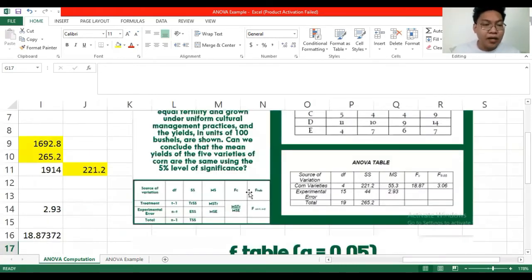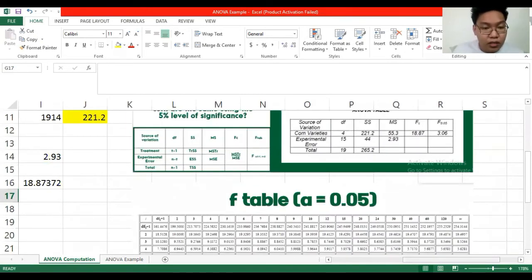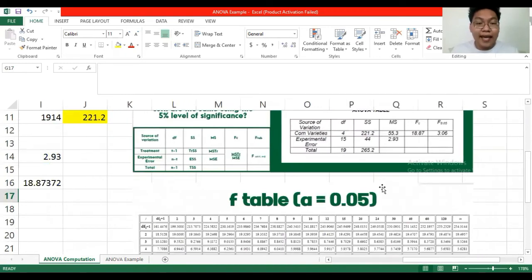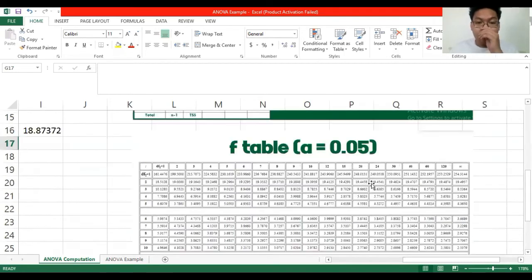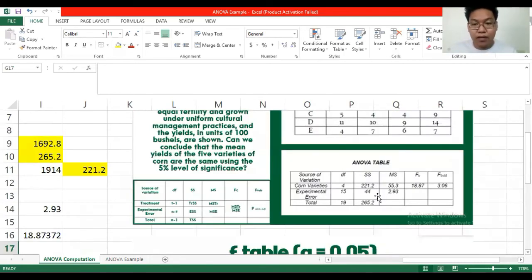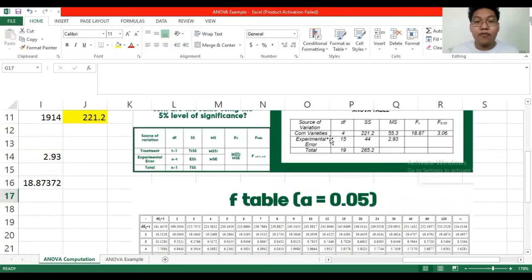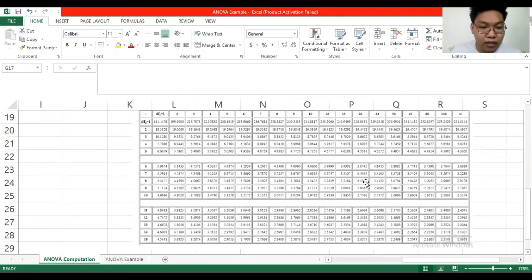So here we have F tab, and our DF must be identified. If we look back at our ANOVA table, we have DF4 and DF15. So these are DF1 and DF2. So let's find the value that will cross in these two values.